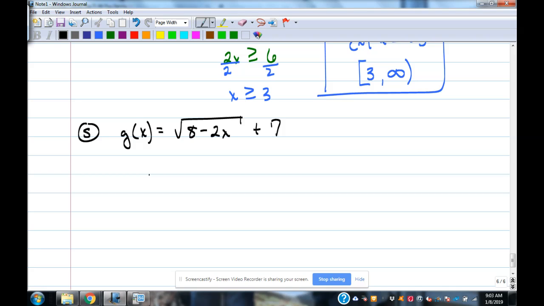So what am I going to do with the 8 minus 2x? Greater than or equal to 0. Good job. Okay. Solve that.